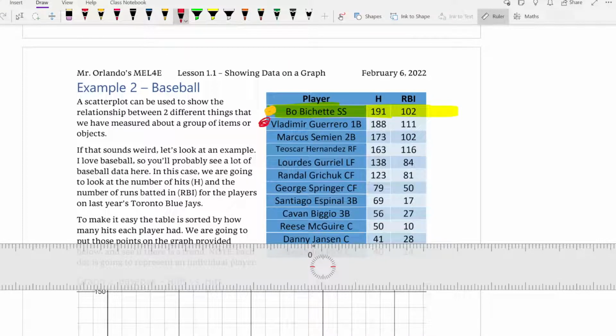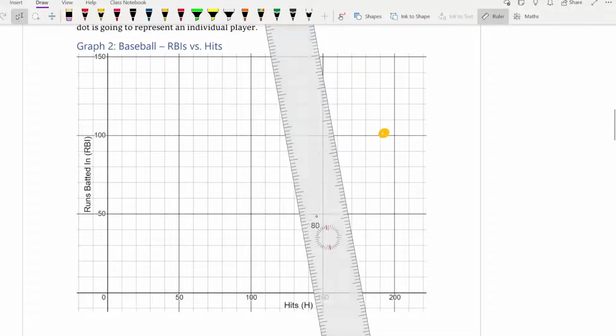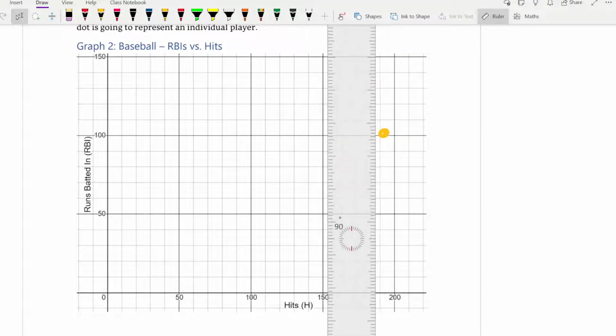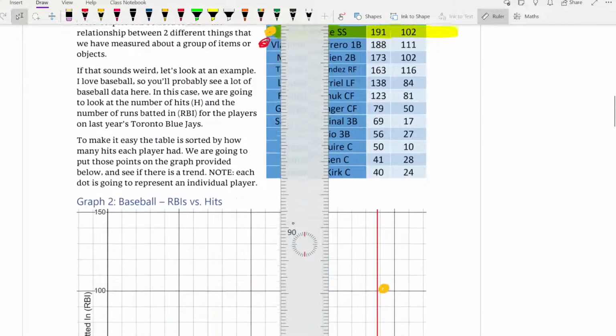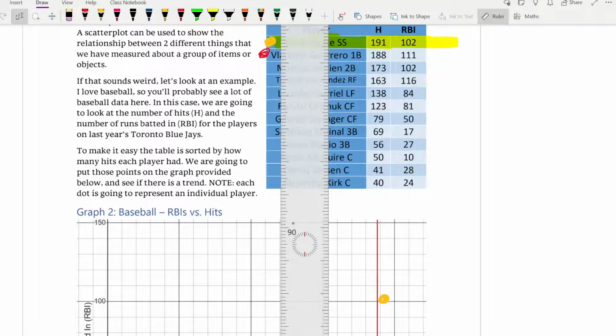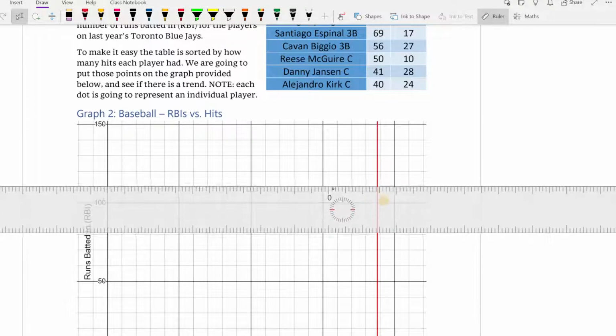So then Vladimir Guerrero had 188 hits. That's almost as many, just shy of 190. So he's going to be somewhere around about there for hits. And he had 111 RBIs, so he actually had more than Bo Bichette.